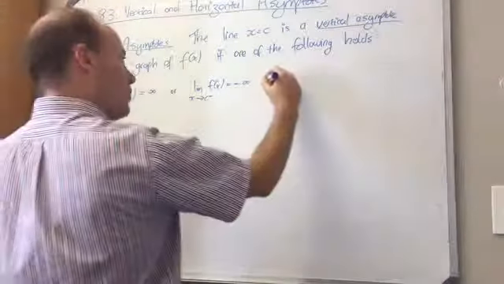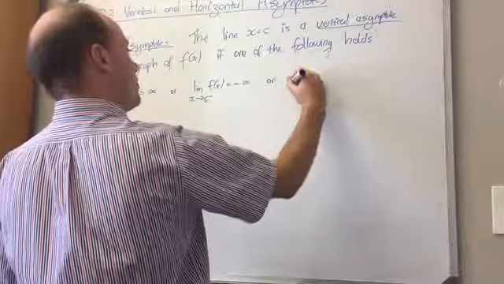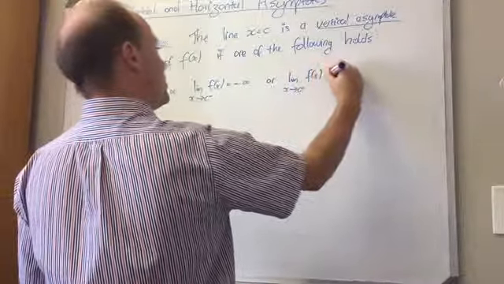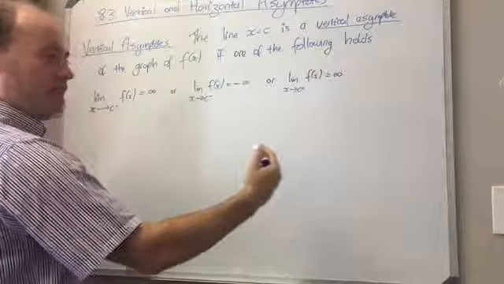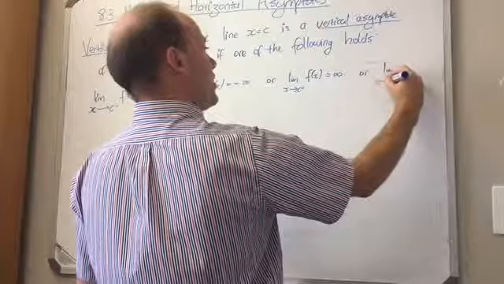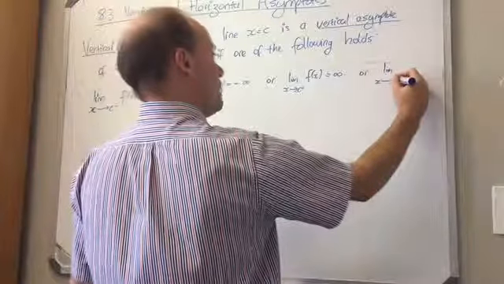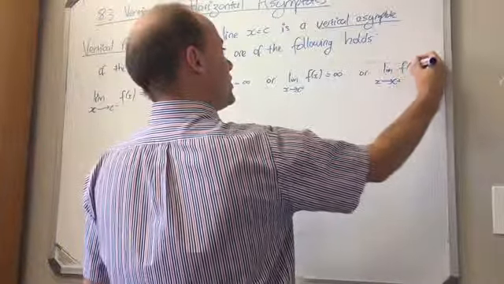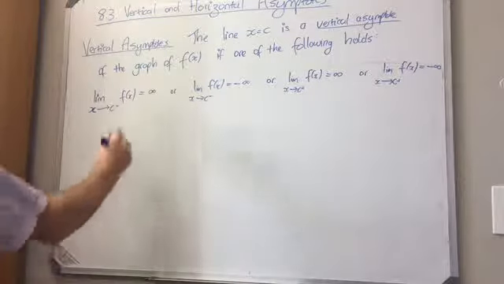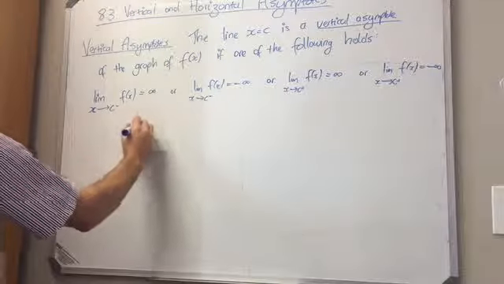Okay. Or as you approach c from the right, the function could tend towards infinity. Or as you approach c from the right, the function could tend towards minus infinity. Okay, so each of these has an associated picture.